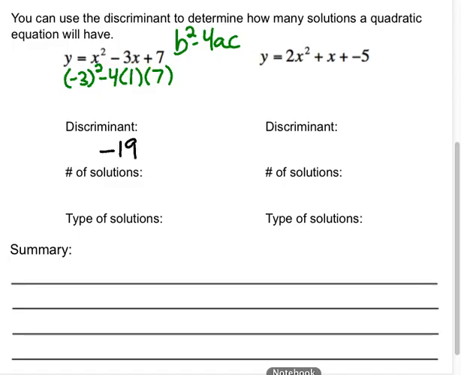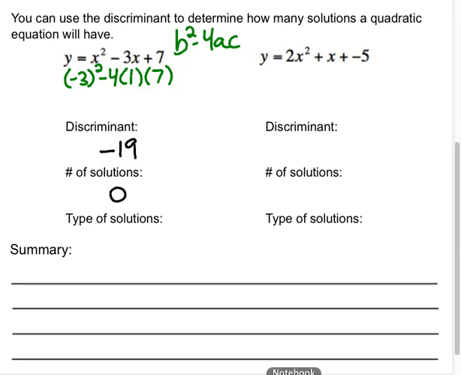So negative 19, being a negative number, that is one of the situations where you are getting no solutions, okay? And the reason for that is because when you put that in the radical, imagine trying to take the square root of a negative number, okay? At this point, you can't. You don't know what that means to take the square root of a negative. So that's why this happens.